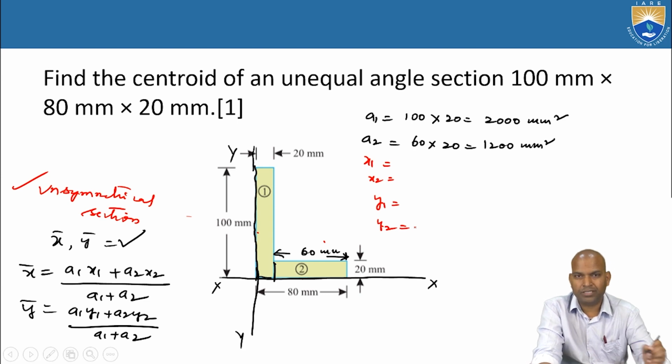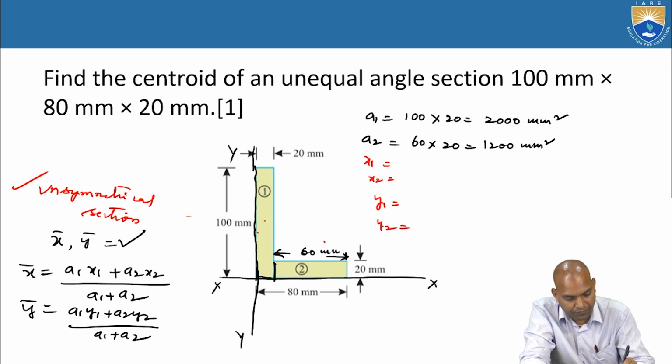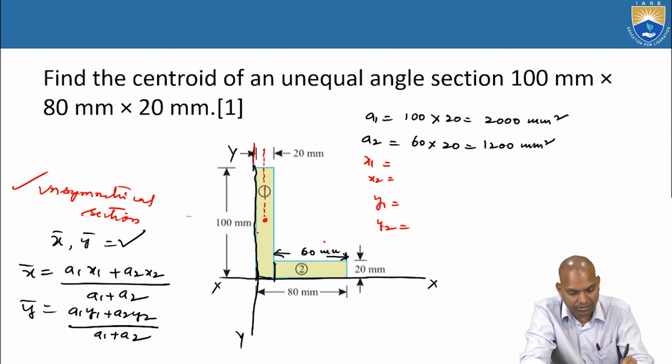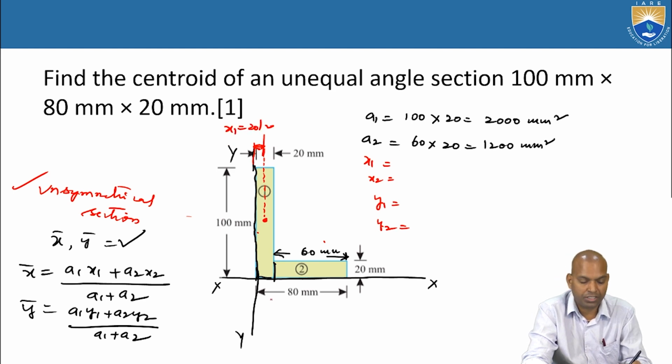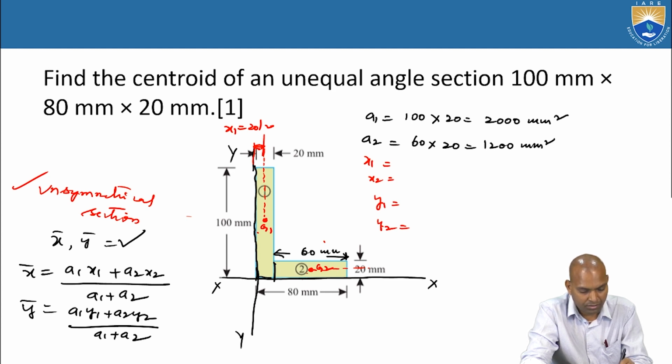What is the meaning of x1? Mark the distance of this rectangular section, whose width is 20, so x1 is half of that distance. This is G1, and somewhere else G2.